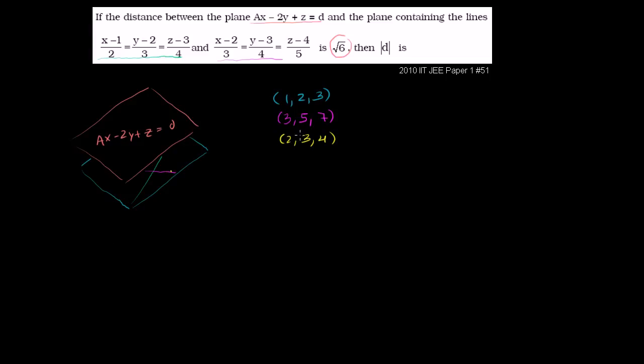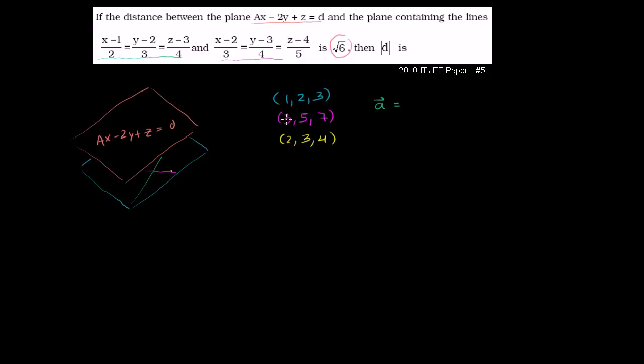So let's use these 3 points to figure out two vectors on the plane that aren't multiples of each other. Then we could take their cross product to figure out a normal vector to the blue plane. So let's say the first vector, a, that sits on this plane, is the difference in the position vectors that specify these 2 points. And we know that'll be on the plane.